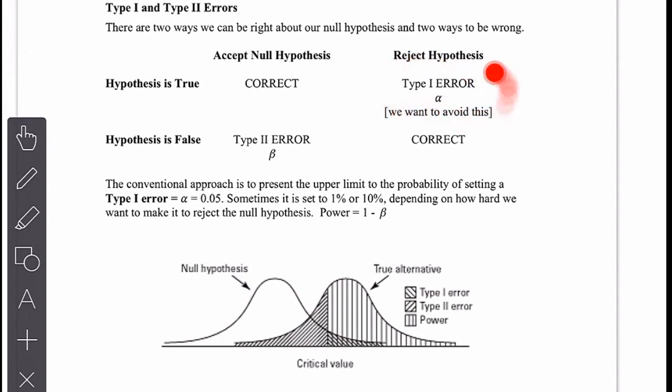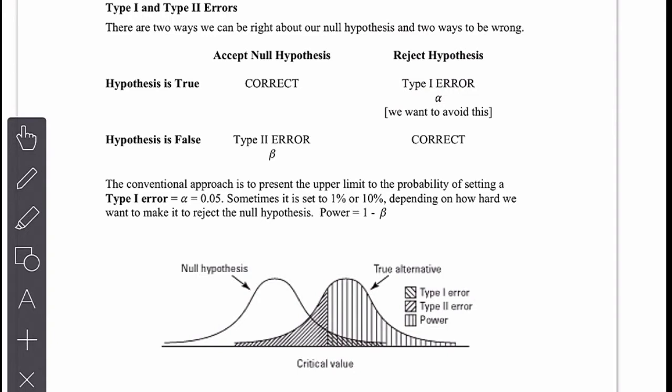You can make a type 1 error where you're going to reject the hypothesis, however, it could be the case that you're actually on the null hypothesis and rejecting is a bad idea. So given that the hypothesis is actually true, you're rejecting the null and you're allowing for that type 1 error. That's your alpha.